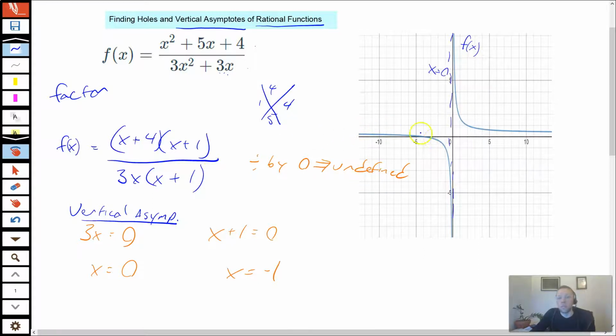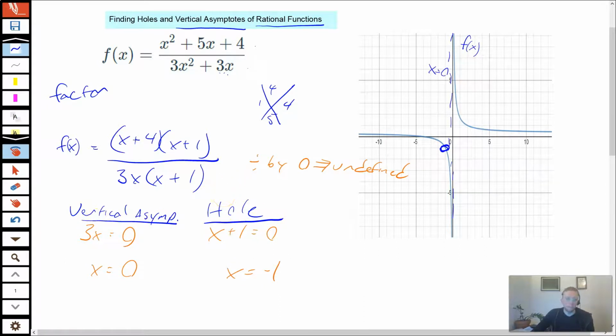If Desmos graphed this accurately, it would draw a little hole at x equals negative 1 right there. So if we're ever face to face again, I'll ask you to sketch these graphs on paper, and you would draw a little hole there, and you would do a better job of graphing it than the computer would. So this x is a hole. This x is a vertical asymptote.